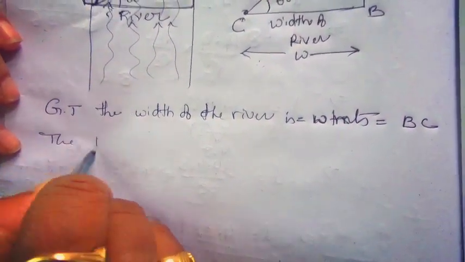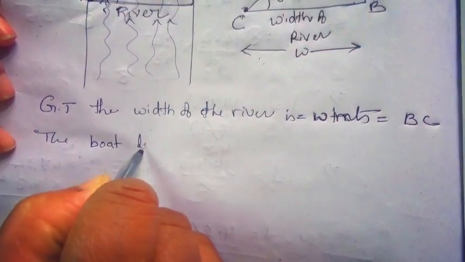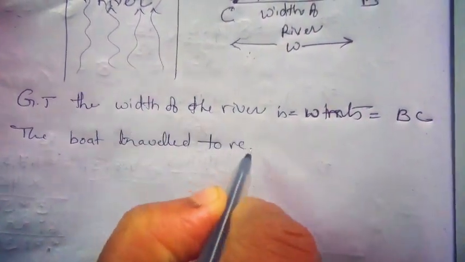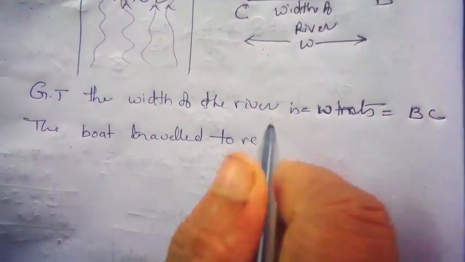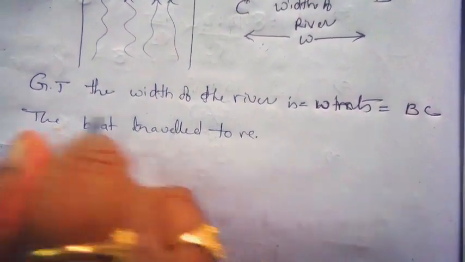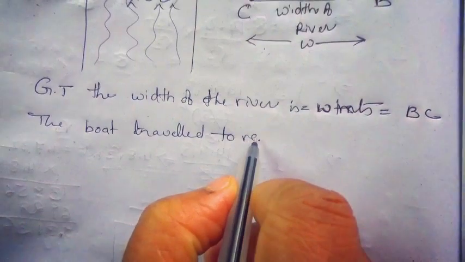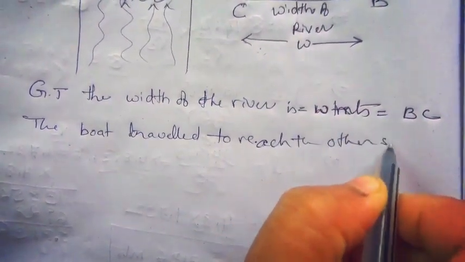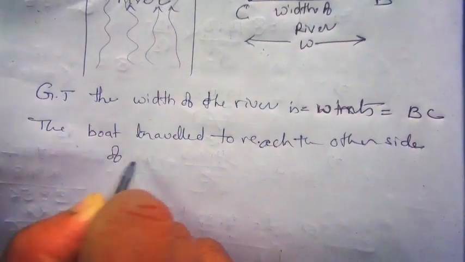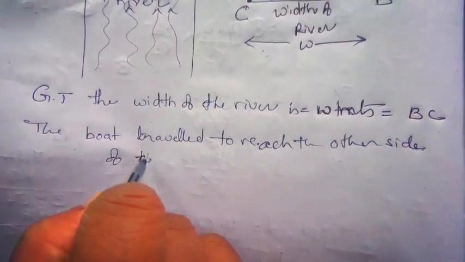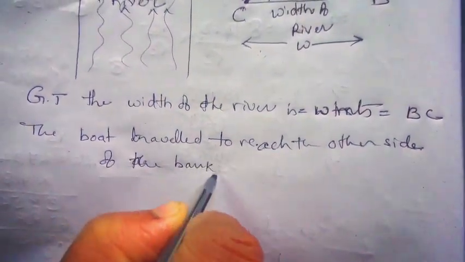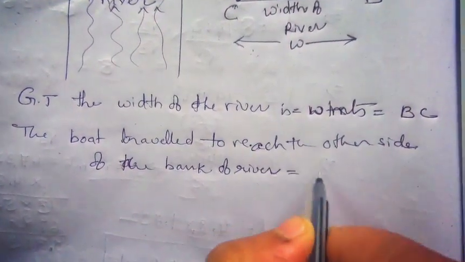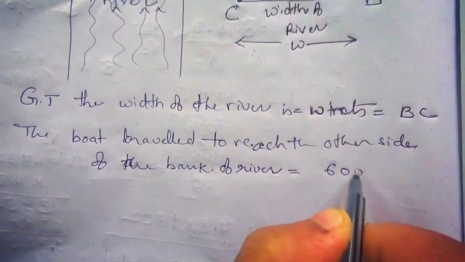The boat traveled to reach the other side of the bank of the river is equal to 600 meters.